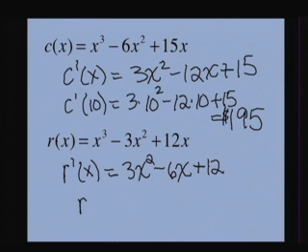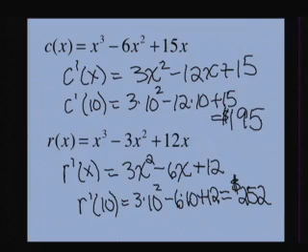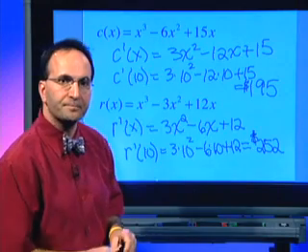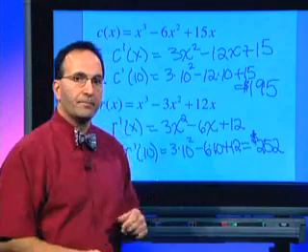And once again, we have to evaluate that for the 10 radiators. So we plug it in, and that will be 3 times 10 squared minus 6 times 10 plus 12. And that will give us $252 for the marginal revenue.